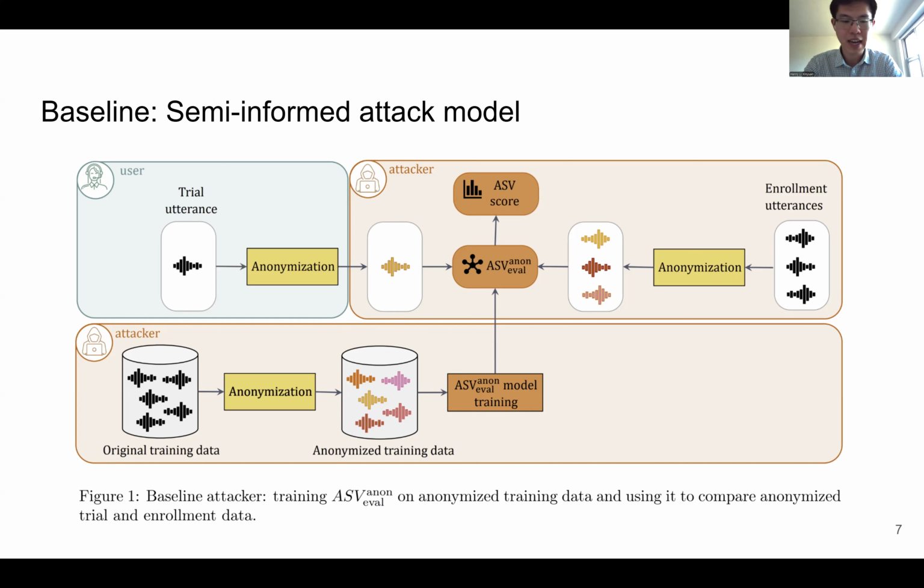For the voice privacy attacker challenge, we find ourselves working under essentially the same constraints. We have access to anonymized training data, but we're not necessarily equipped to anonymize new data using submissions to the voice privacy challenge.